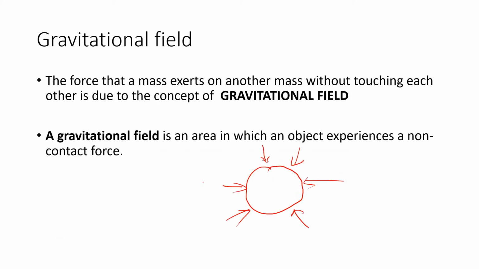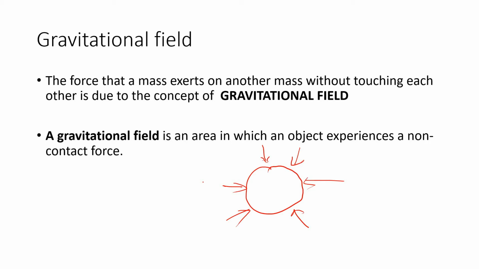Now let's talk about gravitational field. Every object, because it has a mass, will have a gravitational field surrounding it. And the gravitational field, by definition, is the force that a mass exerts on another mass without touching each other.